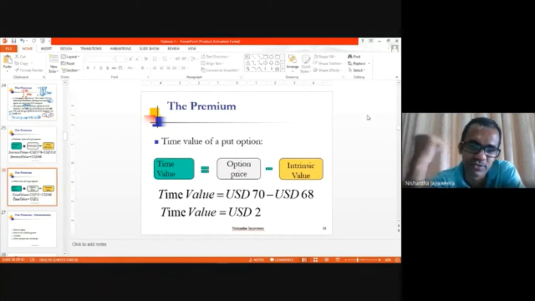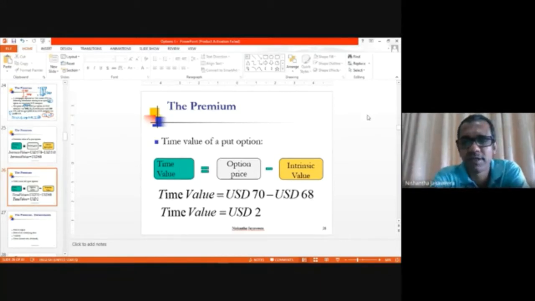Then the opposite is true for a short call option. That means the seller does not have any right to buy, but an obligation to sell, whenever the option buyer asks for it. The option seller has to sell the underlying asset.